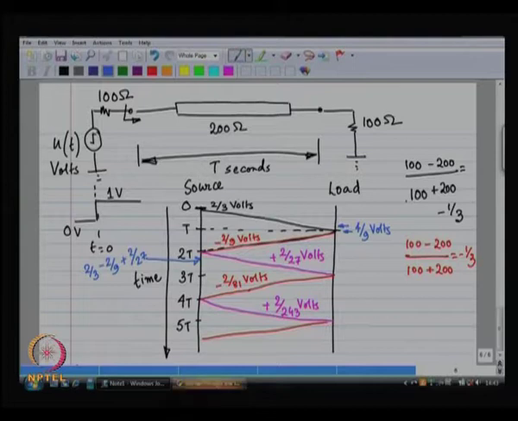It is 18 minus 6 plus 2, so 14 by 27 volts.